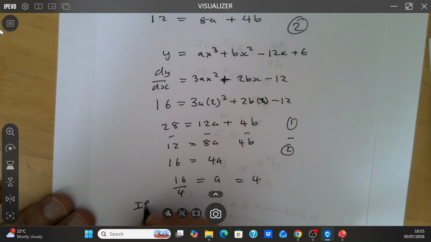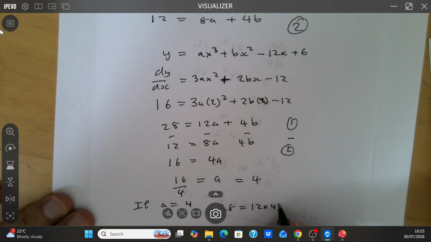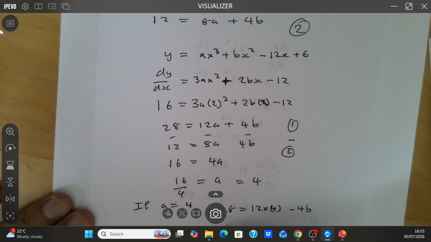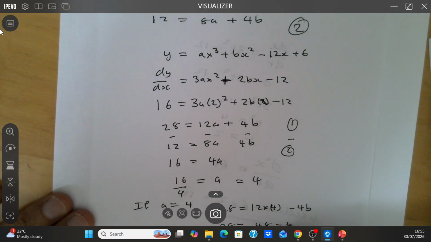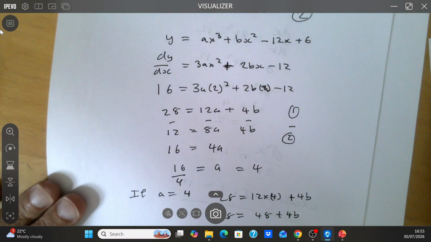If A equals 4, work out B. 28 equals 12 times 4, take 4B. So 28 equals 48. Sorry, plus 4B. So -20 equals 4B. So B equals -5.